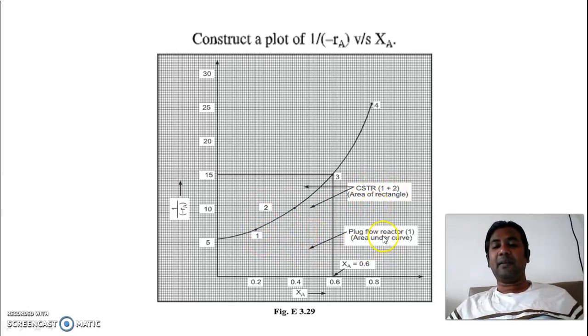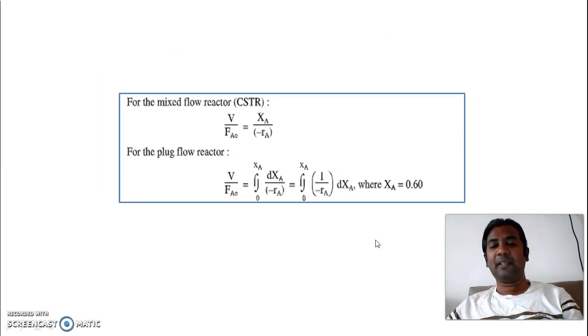Let us discuss. But before that, the area under the curve between 0 to 0.6 XA, this area number 1, will give the V upon Fa0 value for the plug flow reactor. The main reason for this is the performance equation.